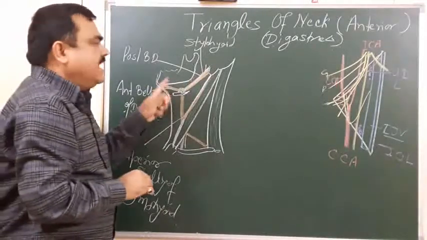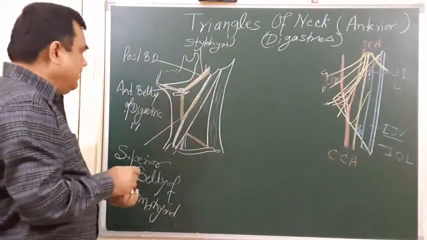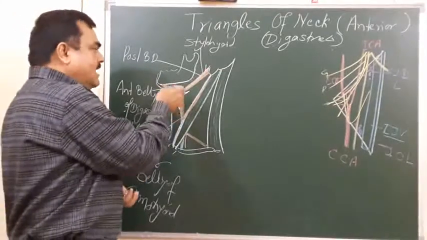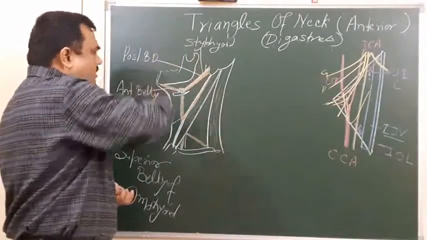Now the floor of this triangle is formed by... to see the floor and contents, we cut a coronal section.